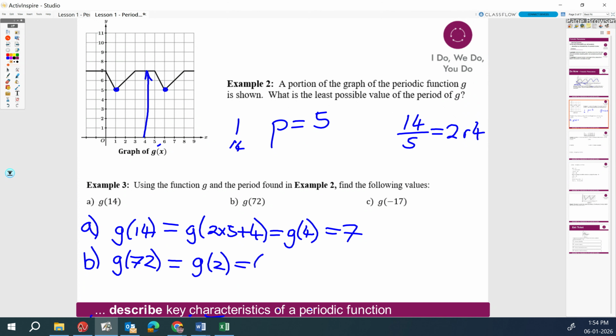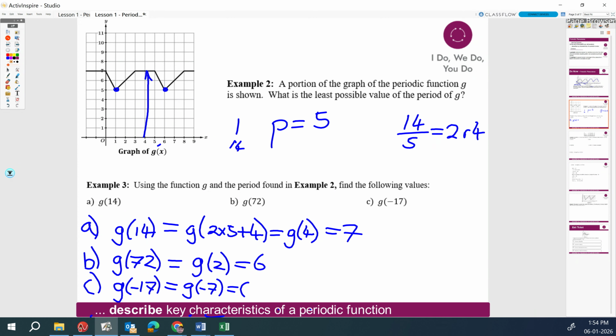Another way to work, like with this next one where we're at minus 17, is you can just keep adding or subtracting multiples of the period until you bring it into the right place. So I can add 10 to this, because 10 is 2 periods. That would be g of minus 7.